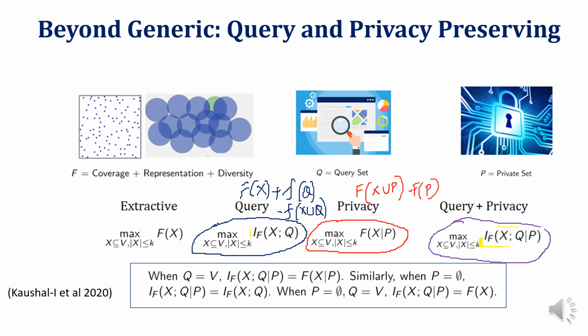So given X comma Q, say X and the query, the mutual information is defined as f of X plus f of Q minus f of X union Q. So note that this is in contrast with f of X given P, which was basically f of X union P minus f of P. So while privacy looks for the difference, the mutual information based function looks at the similarity between X and Q, and therefore it's natural to model the mutual coverage or shared information between the extracted summary and the query Q.